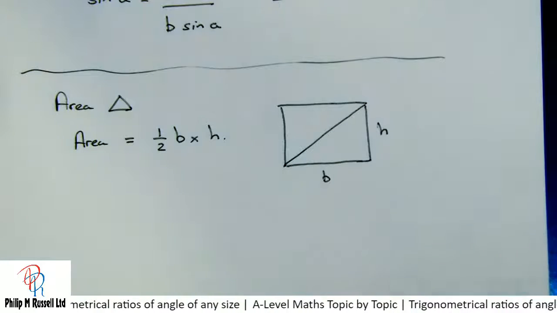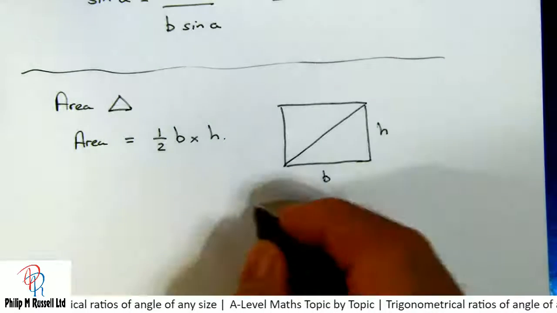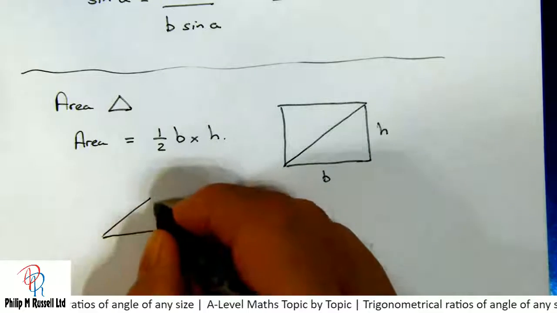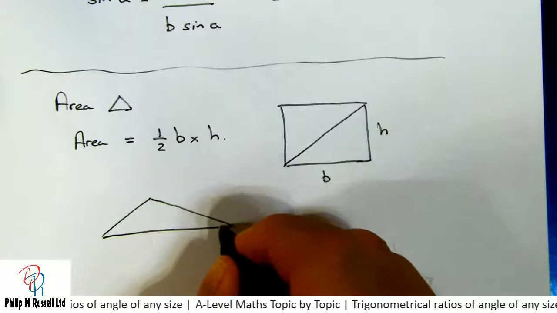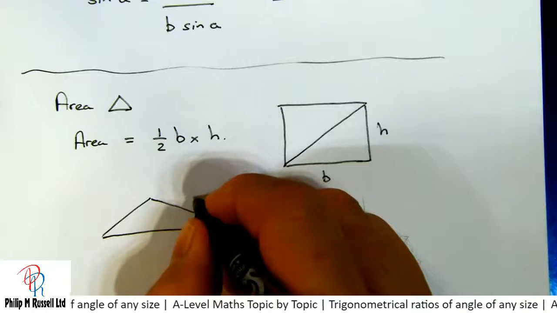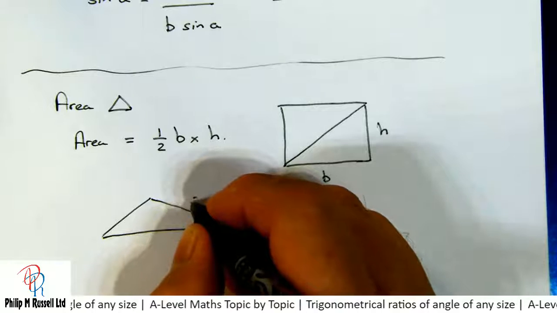If we're going to work out this with trig, then we've got a non-right angle triangle to play with, and so we need two sides, and let's just put in here two sides.